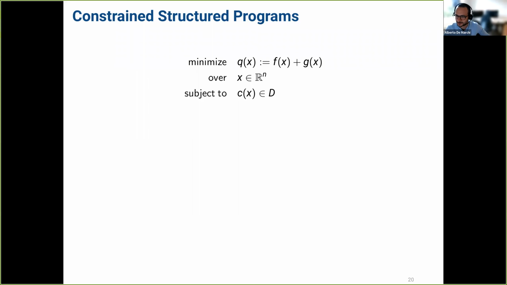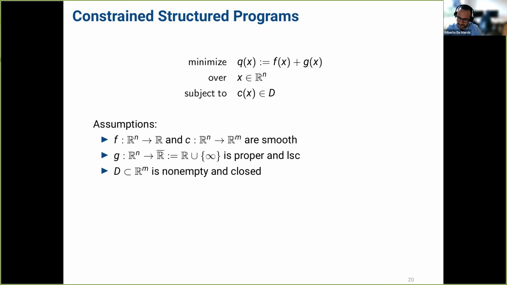Now we know how to solve the problem where we only have the objective function. Now we also have to consider the constraints. So again, the assumptions we have behind this problem. F and C are smooth, and here we mean that derivatives are locally Lipschitz continuous.